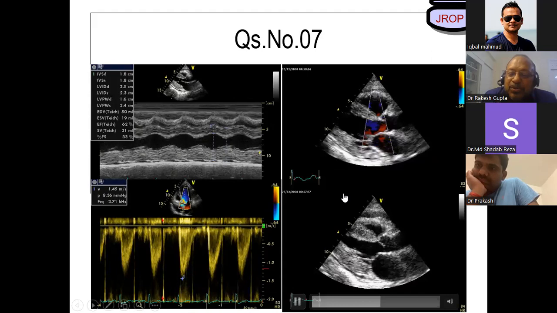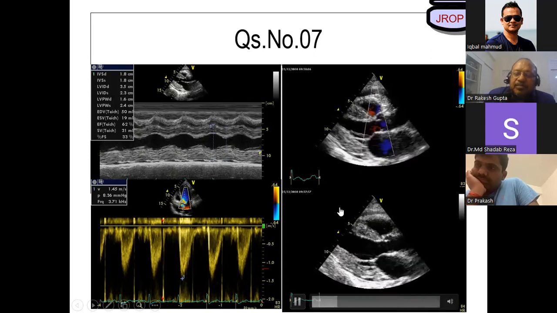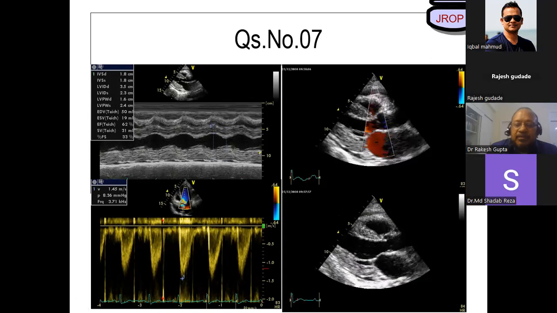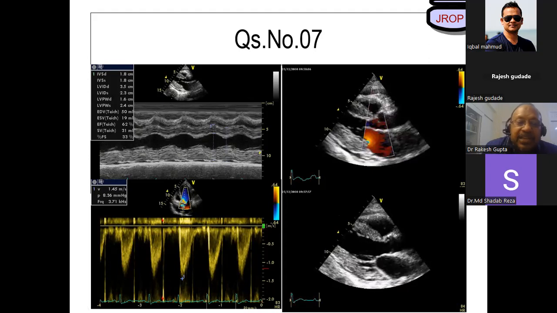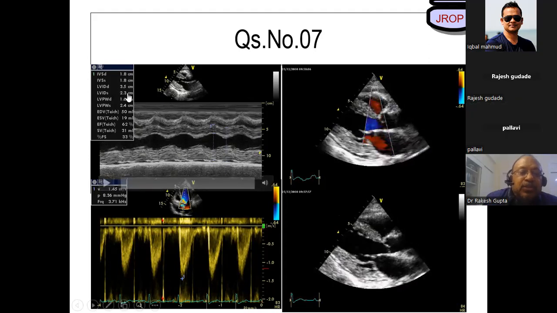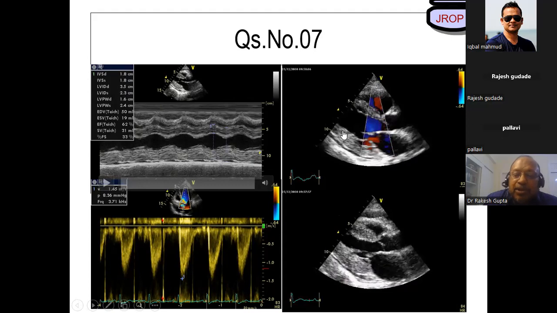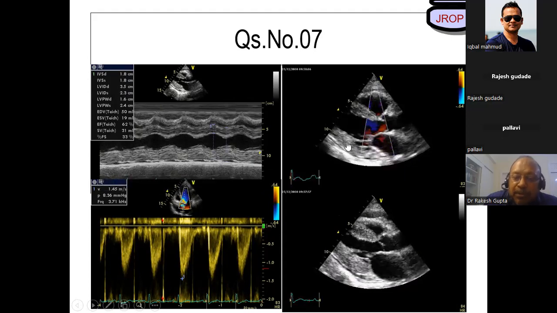That's why I asked you, is this HOCM or not? Yes, sir, because this septum is thickened. Look at the septal thickness, 18 millimeter. Posterior wall is 16. So there is septal and posterior wall hypertrophy.